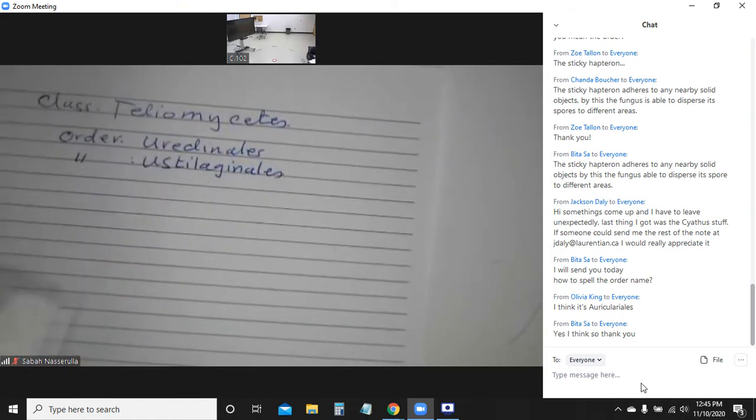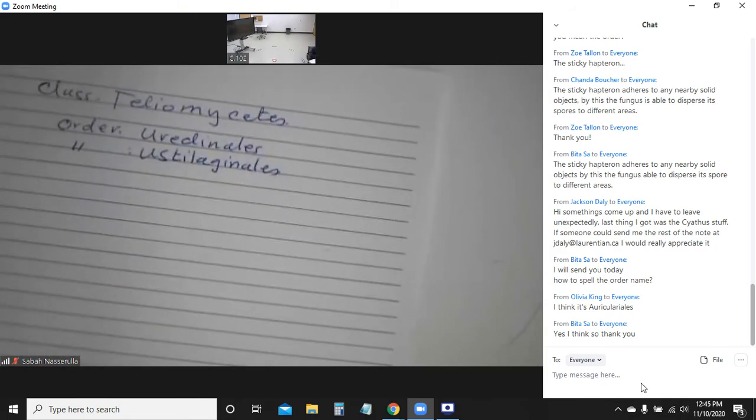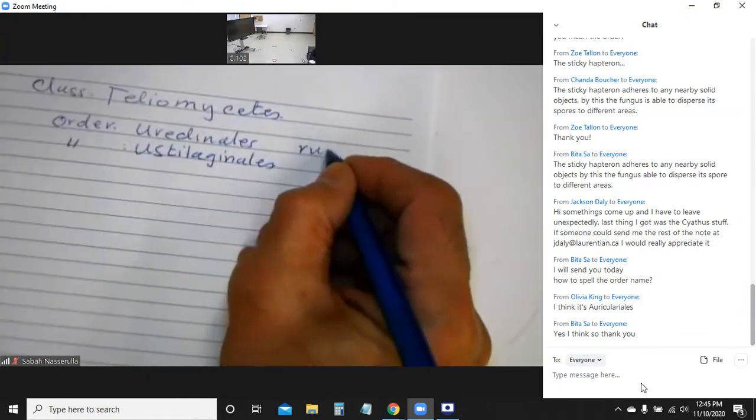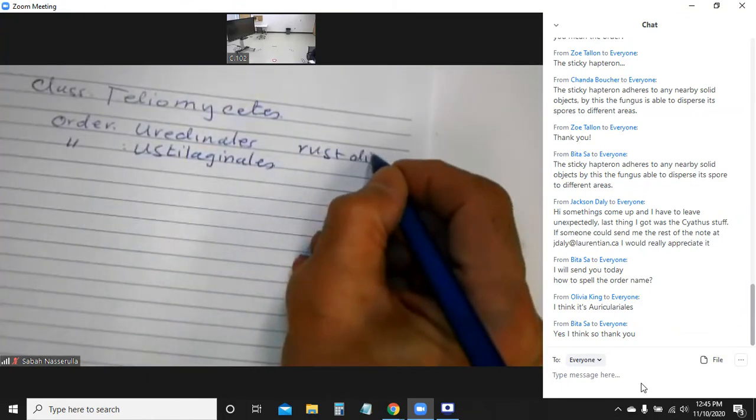Okay, now the first order, the Uredinales, is the one which develops the rust disease on the plant.